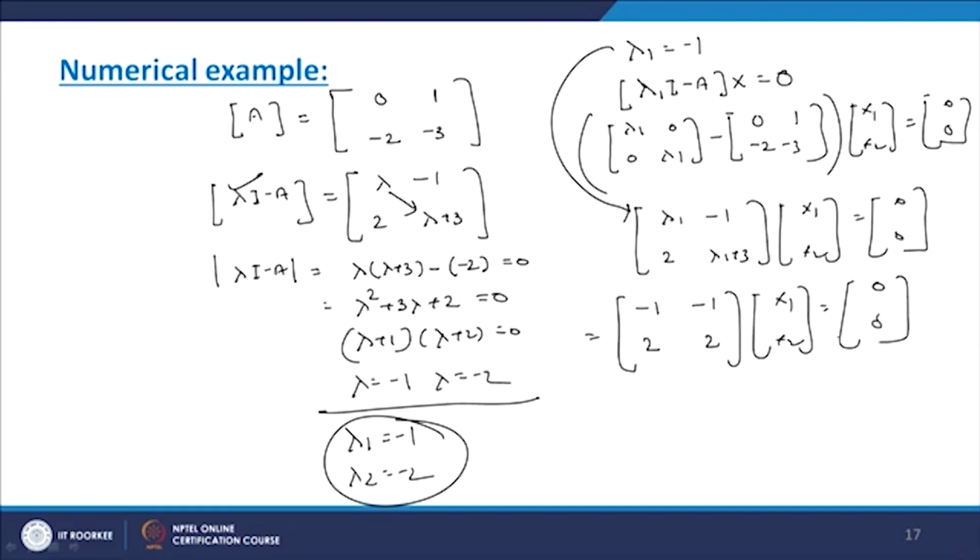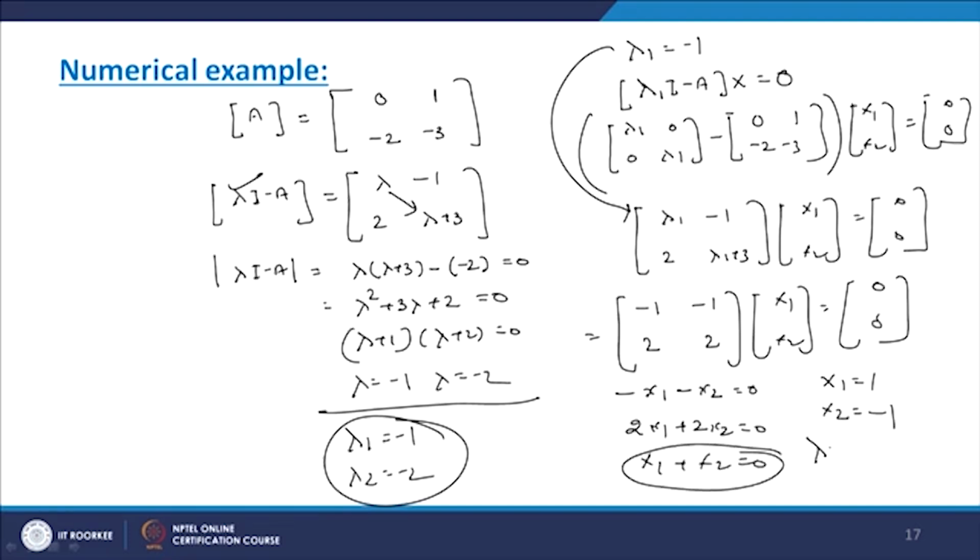Now if you solve it, what do we get? Minus x1 minus x2 equal to 0, and second, 2x1 plus 2x2 equal to 0. Both are the same equations. That means if you take x1 equal to 1, then x2 equals minus 1, because x1 plus x2 equal to 0.